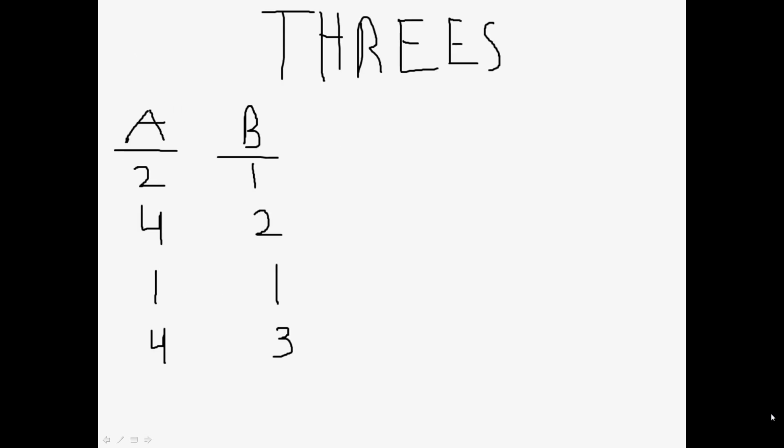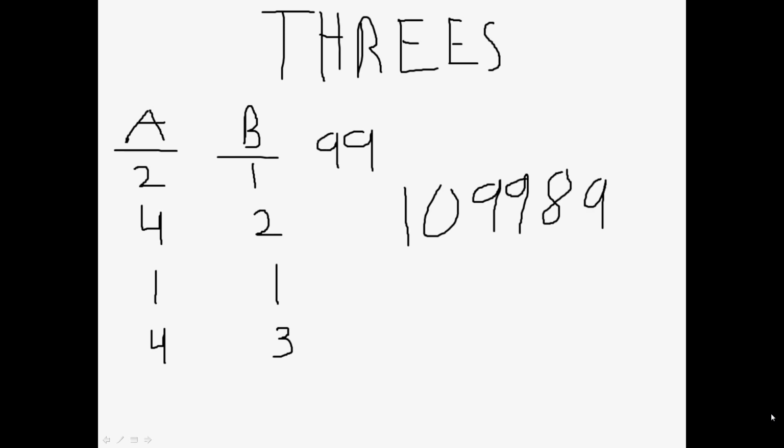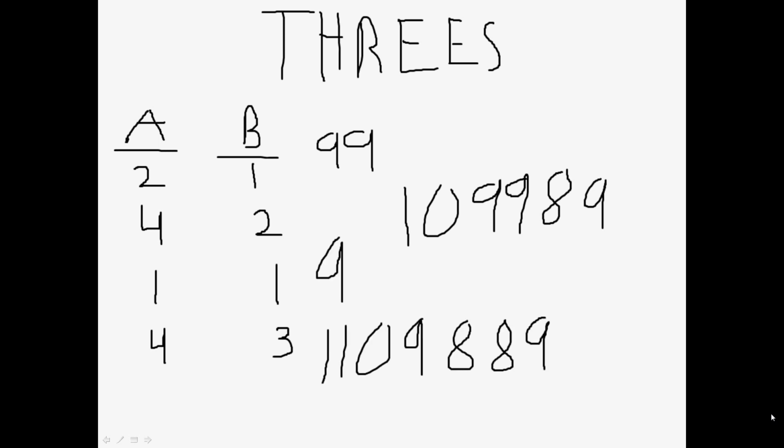So for 3's, it's going to be slightly more confusing. So we have 99, 109989, 9, and 1109889. Now you'll notice, instead of 81 or 36, we just have 09. That is our special 2-digit number.